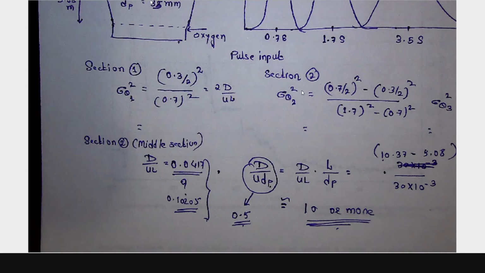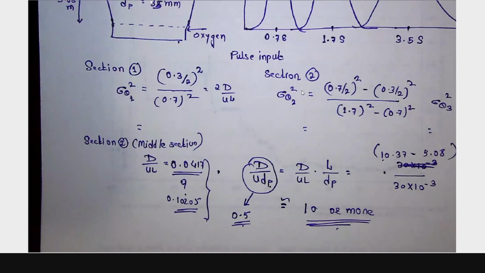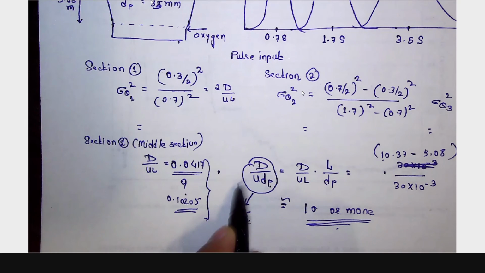dispersion number based on the particle diameter, or we can say that it is the intensity of the dispersion. So this is what? Intensity of the dispersion.